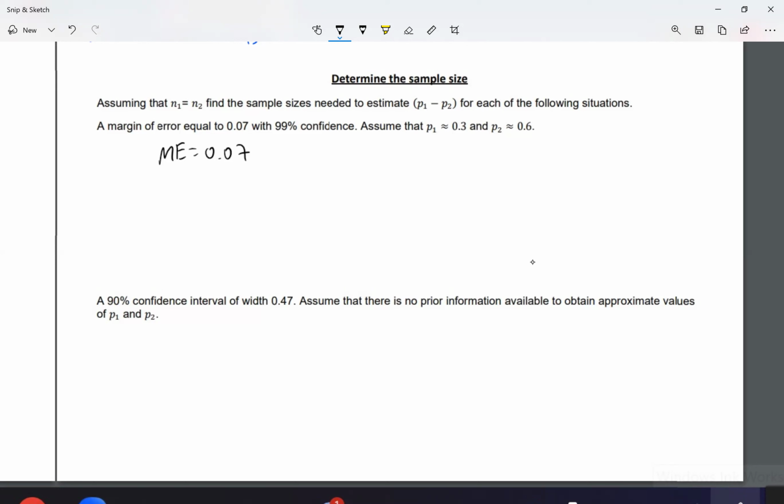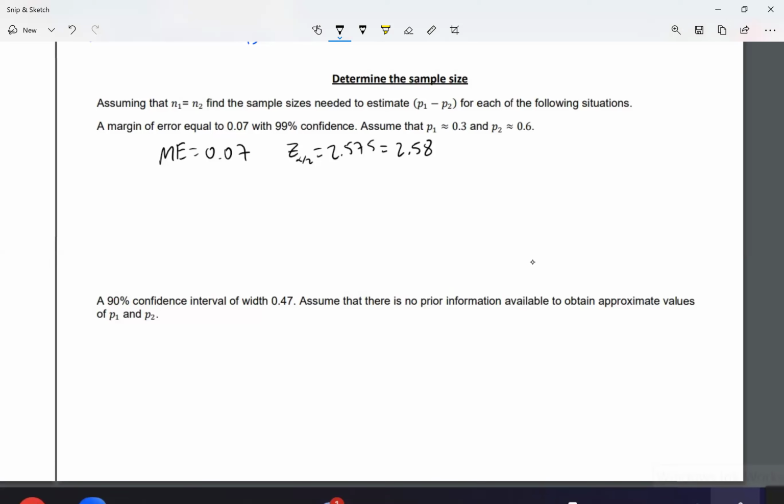What is my C-score here? My C-score of 99% is 2.575. I'm going to round this to 2 decimal places, so I'm going to use 2.58.